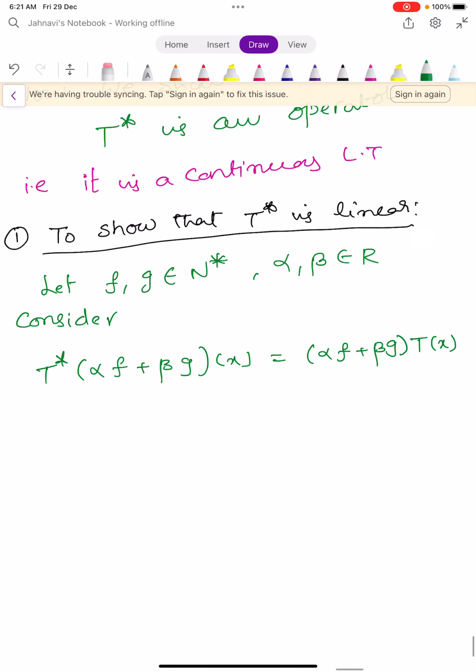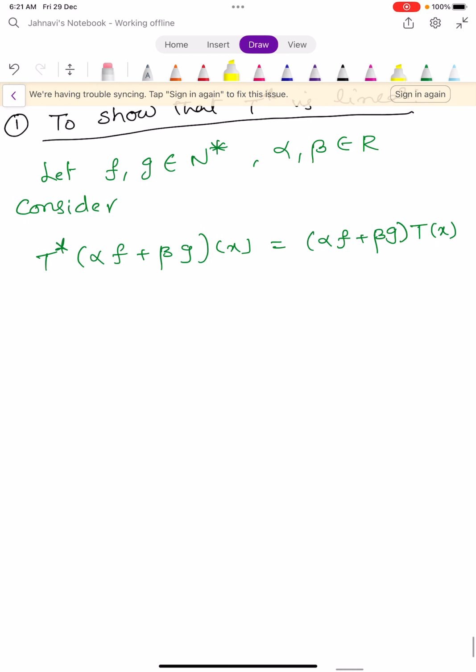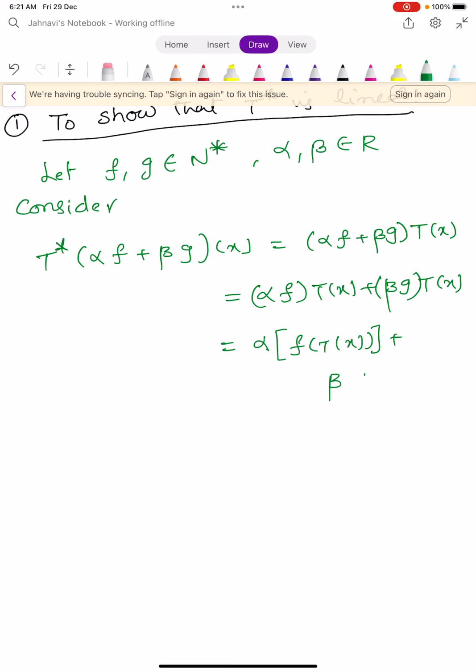This is defined in our statement: T star f of x is equal to f of T of x. So it can be written as alpha f of T of x plus beta g of T of x.